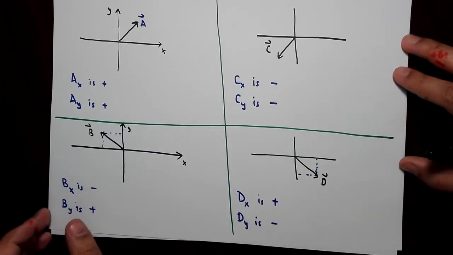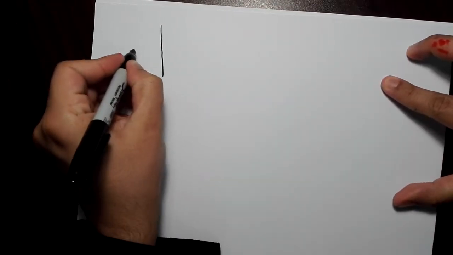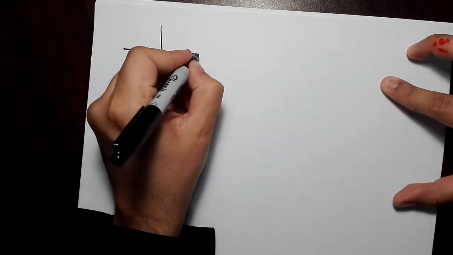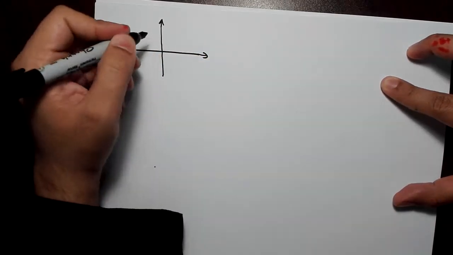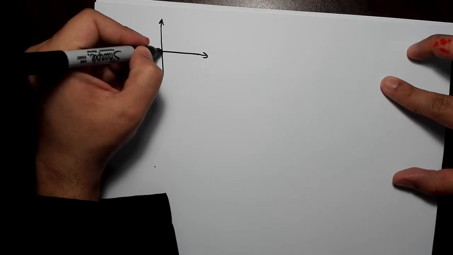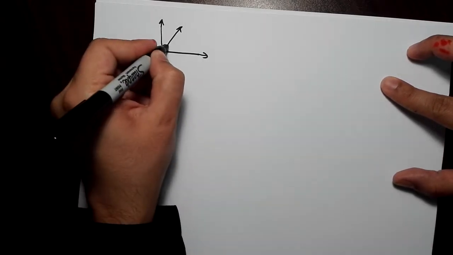Okay. Now we can take an example of a vector. Let's stick to the first vector A. In the previous video we talked about the sines and the cosines. So let's say that you stick with this angle theta, right?